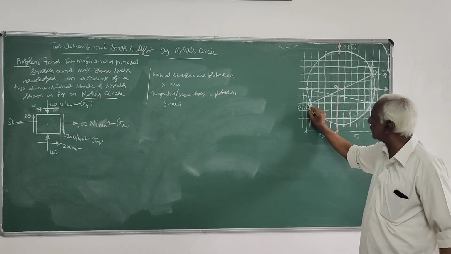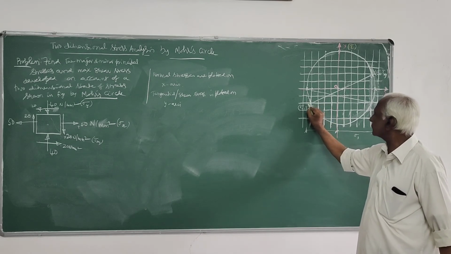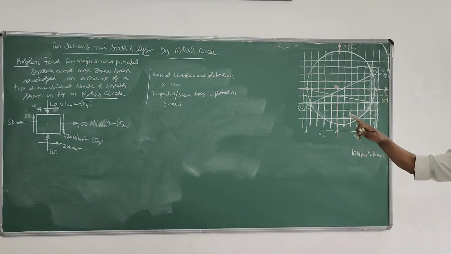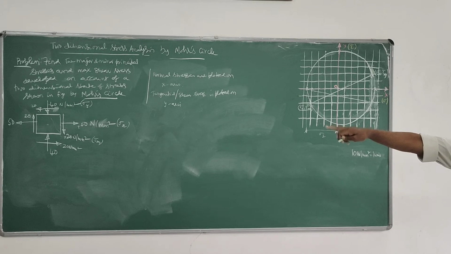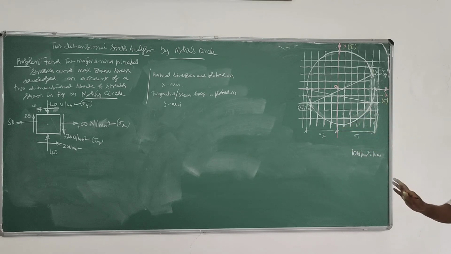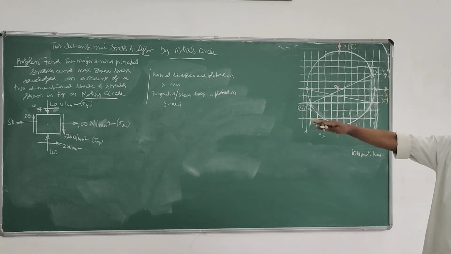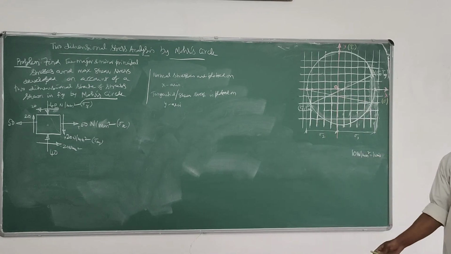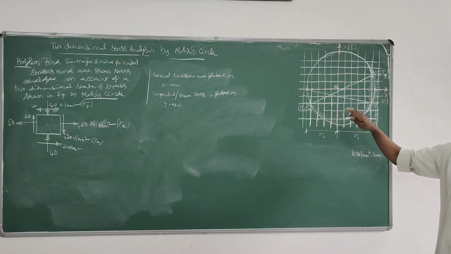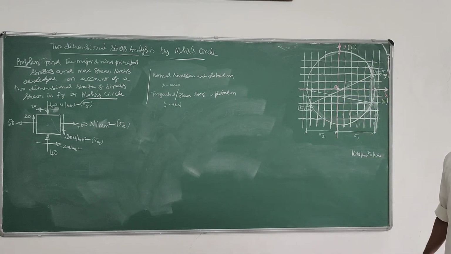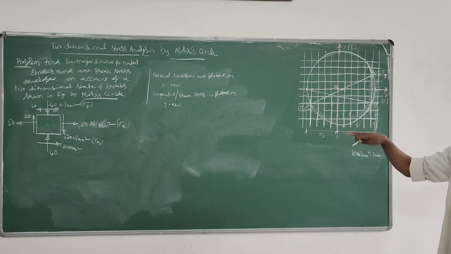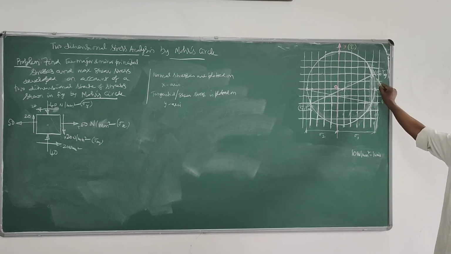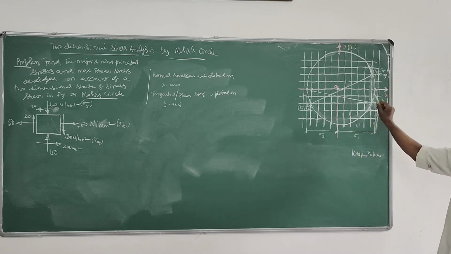So this is the point B. A and B are the points in this Cartesian coordinate system which refer to the state of stress given. A represents the normal and tangential stresses acting on the vertical plane, and B represents the normal and tangential stress acting on the horizontal plane. Whatever stresses are acting, I will plot them.